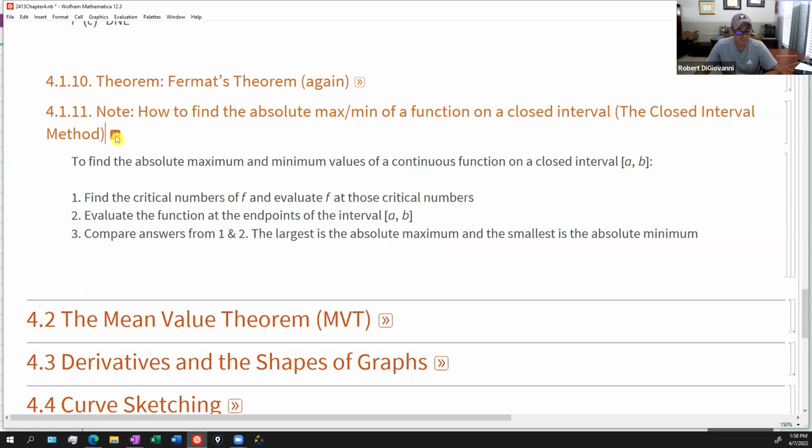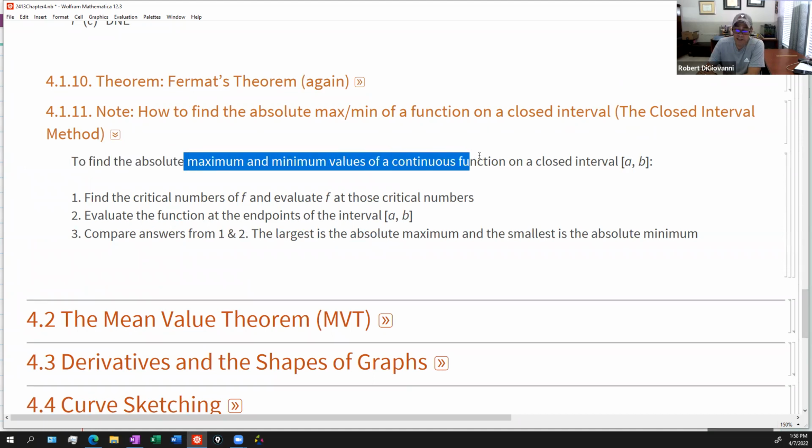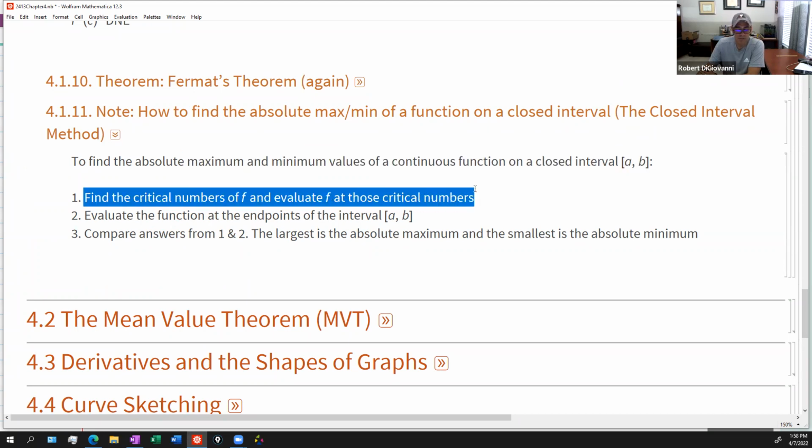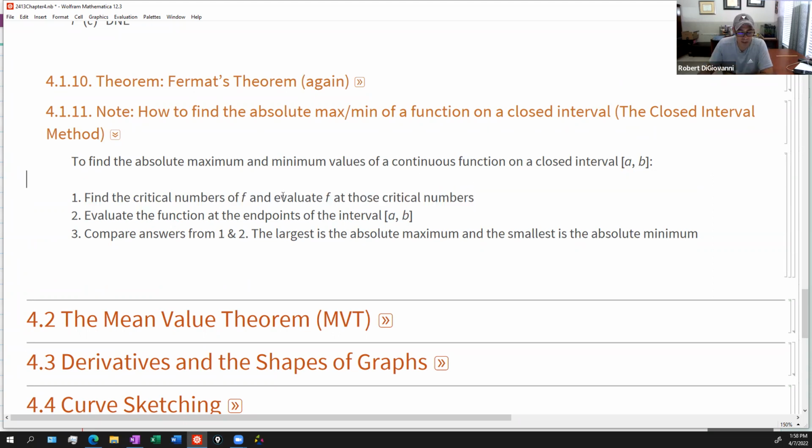So here it is. Here's what we're going to do. To find the absolute maximum and minimum values of a continuous function on a closed interval [a, b], first we're going to find the critical numbers of the function. We're going to figure out where the derivative is 0 and where the derivative doesn't exist. Once we figure that out, we are going to evaluate the original function at the critical numbers.